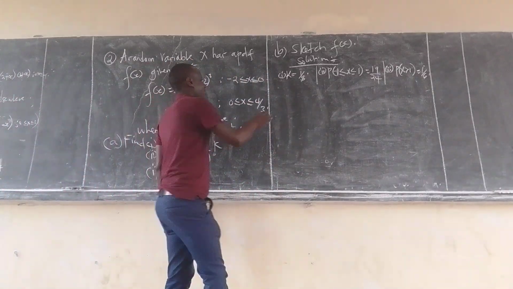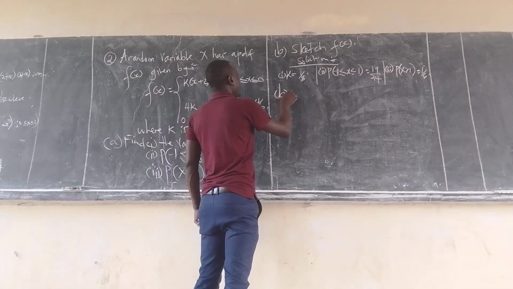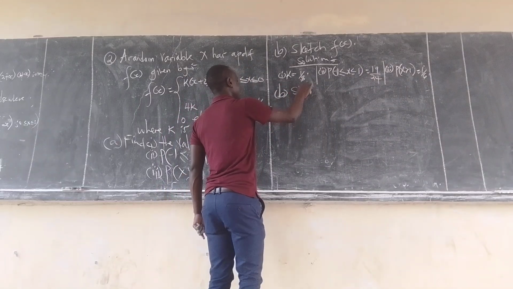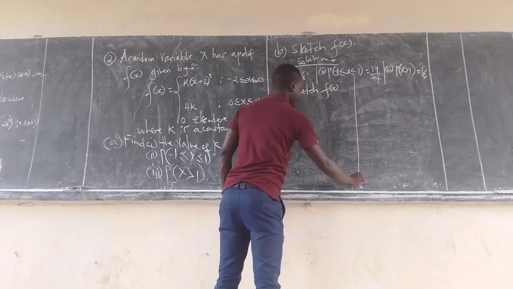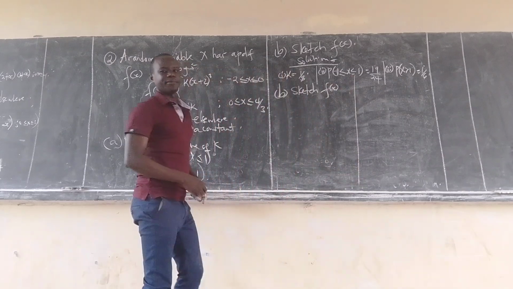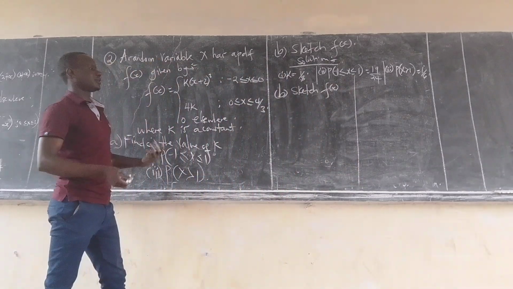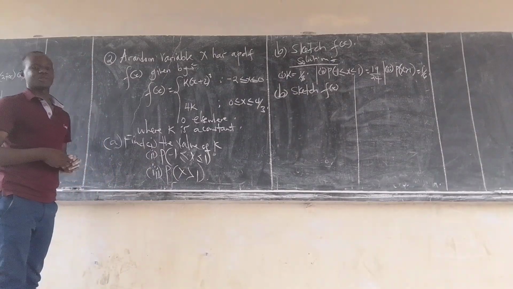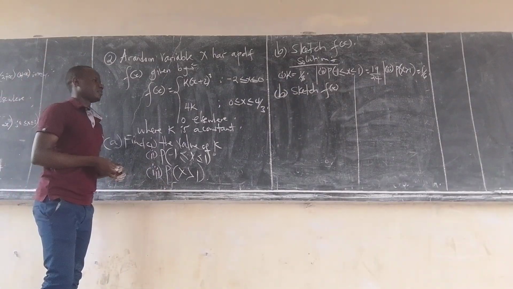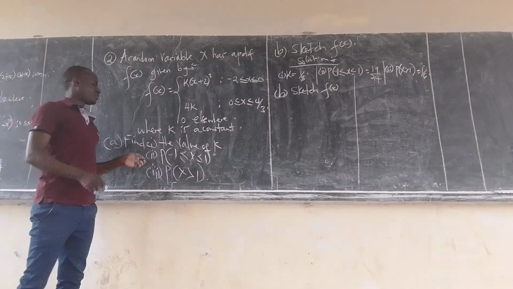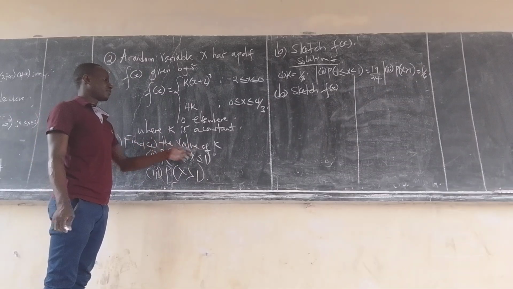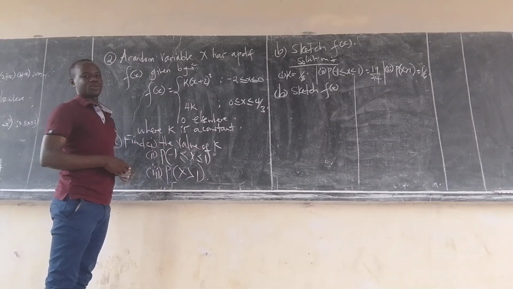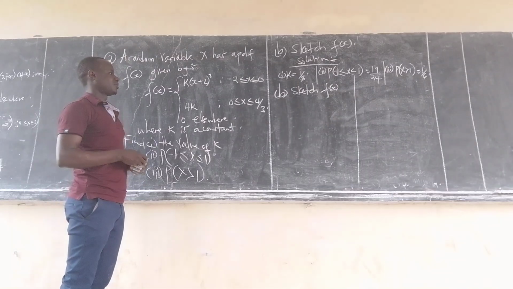Then for me, I would wish to begin with part B, which is the sketch of f of x. And because we are dealing with how to sketch the nonlinear PDFs, that is where we should begin from. The order of the question is very important. Because we have found the value of k, we are going to sketch when the value of k is known.